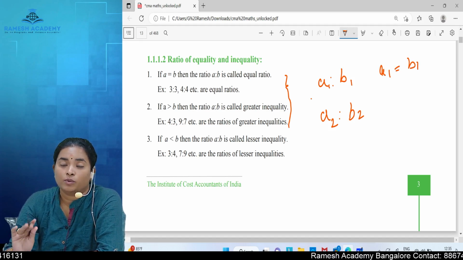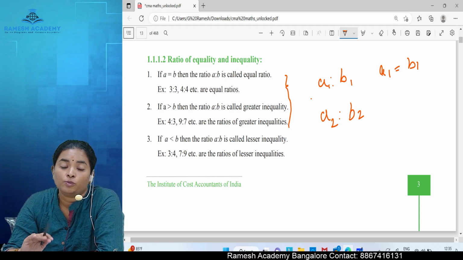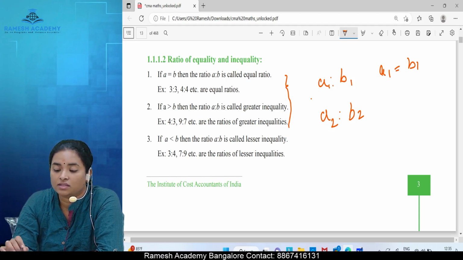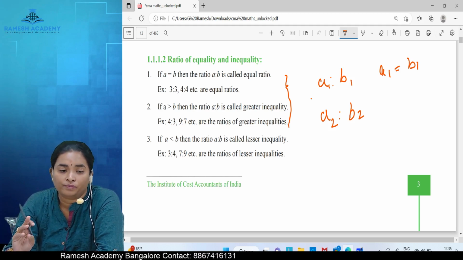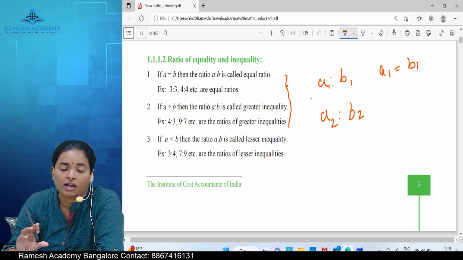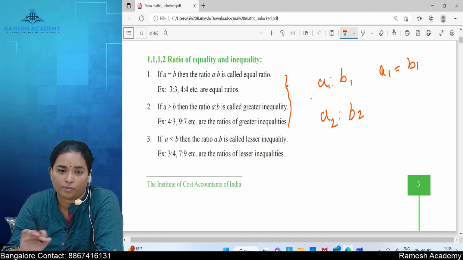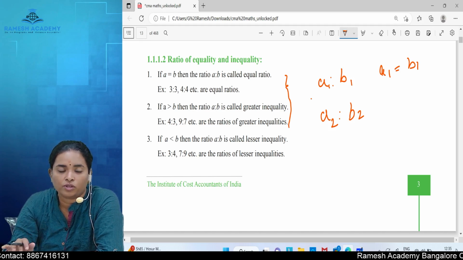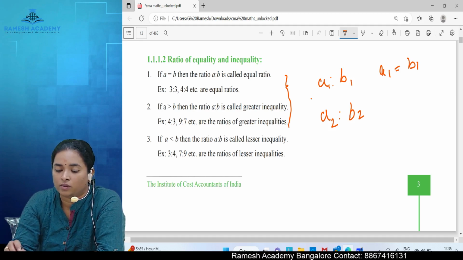Suppose I want to make dosa batter and I want to put equal proportions, that means you have urad dal and rice, and I want both in equal proportion. So if I put 2 glasses of rice, I have to put 2 glasses of urad dal. That is what they mean by equal ratios.